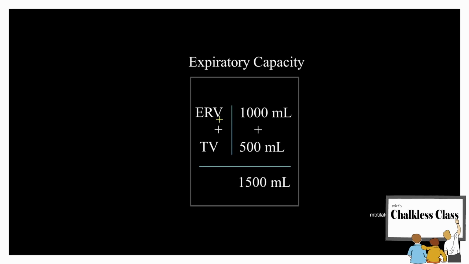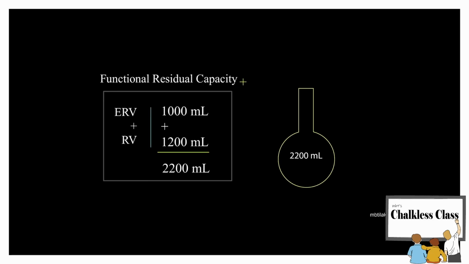Expiratory reserve volume plus tidal volume is expiratory capacity. This is 1500 ml. Functional residual capacity: at the beginning itself, I told you what is functional residual capacity.